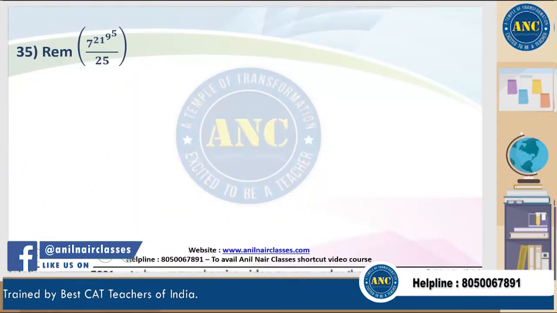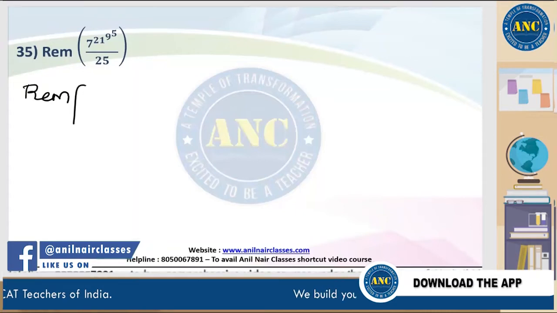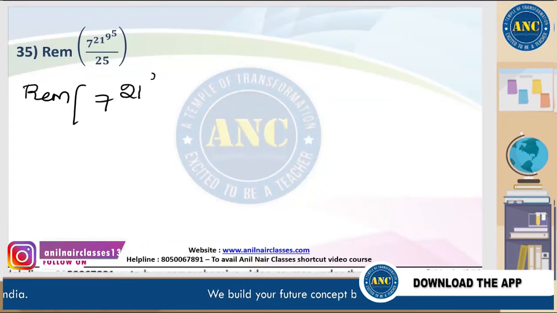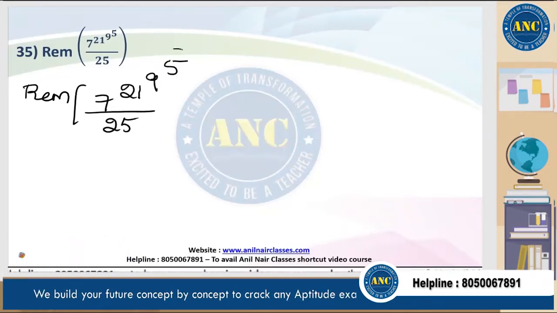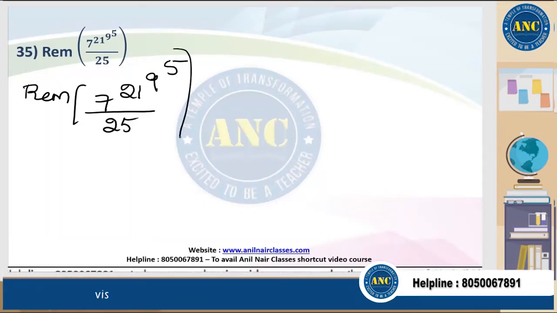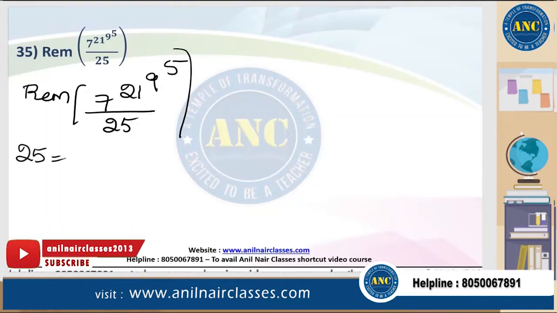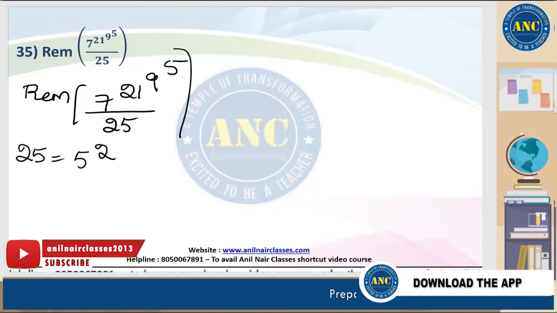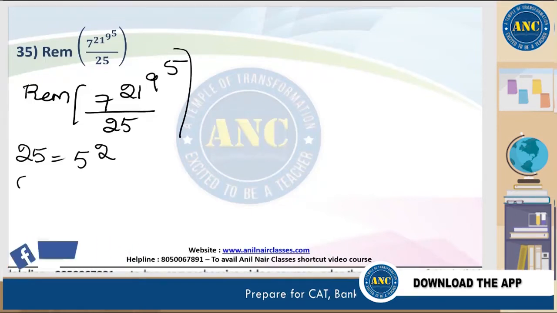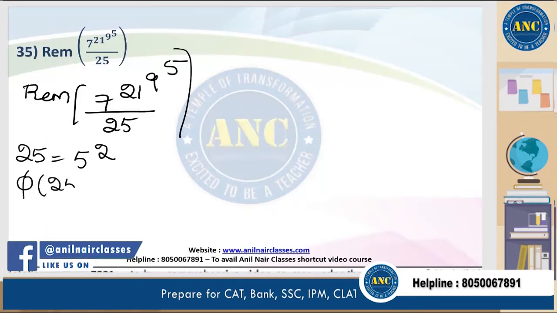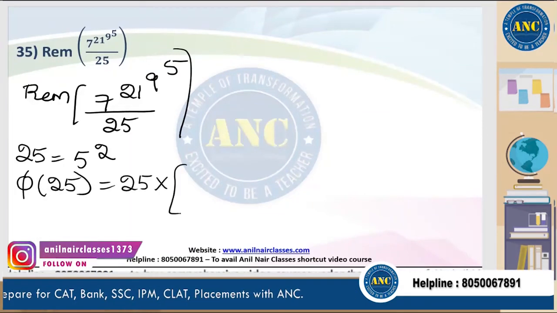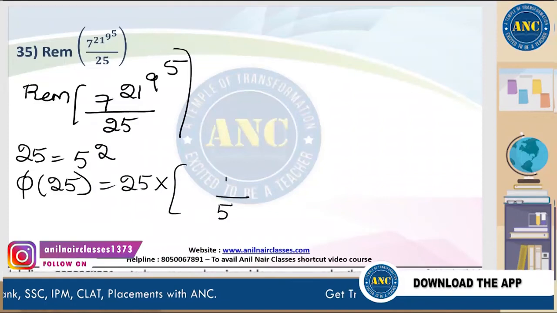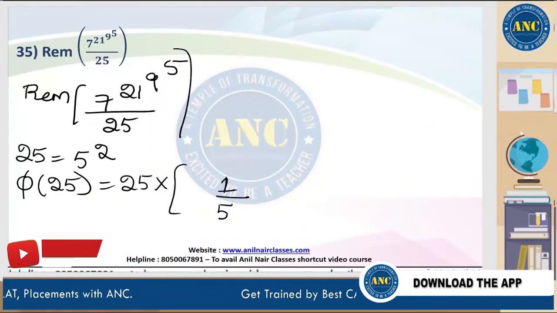Next one, remainder of 7 power 21 power 9 power 5 divided by 25. This is the question. Denominator is a composite number. 25 is 5 square. So phi of 25: out of every 5 numbers, one number is divisible.